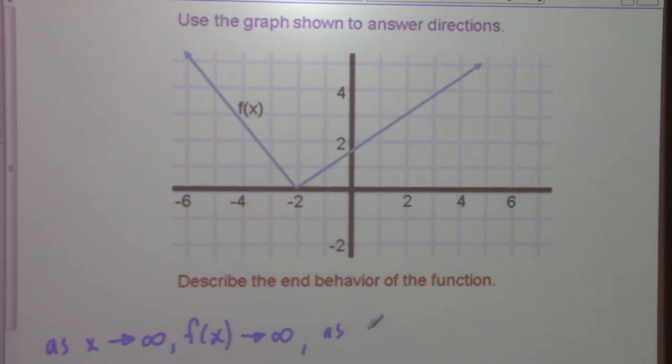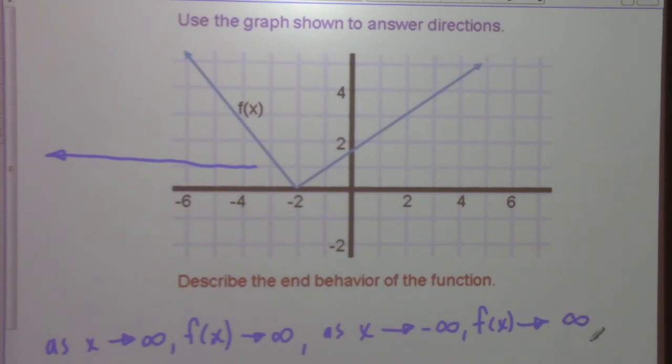So as x approaches negative infinity, f of x approaches... okay, we're going all the way this way. As x approaches negative infinity, what happens to f of x? It approaches infinity.